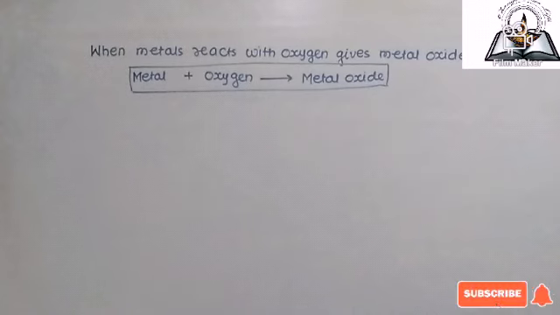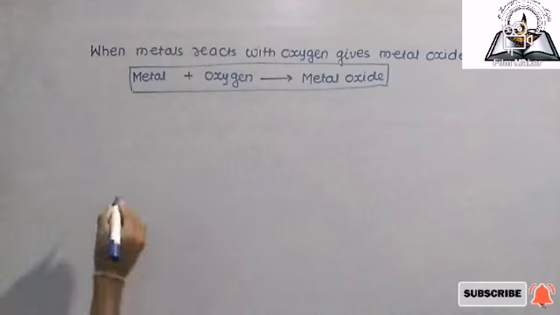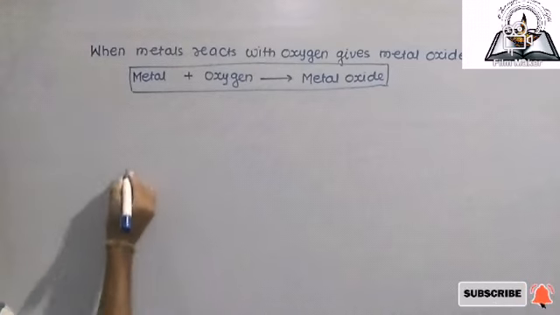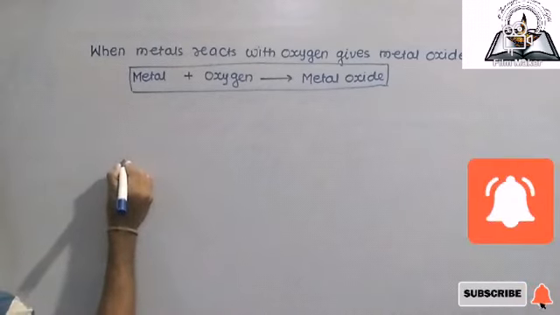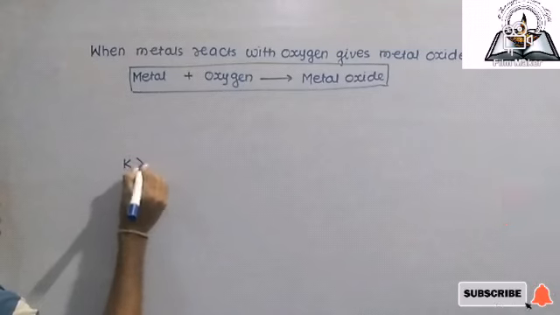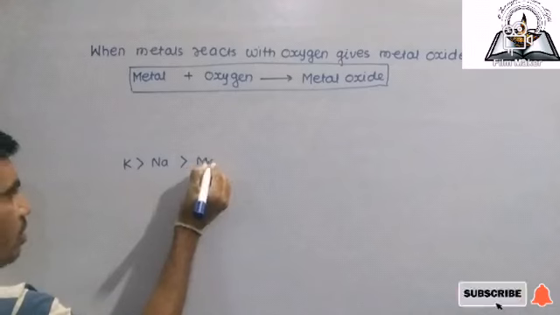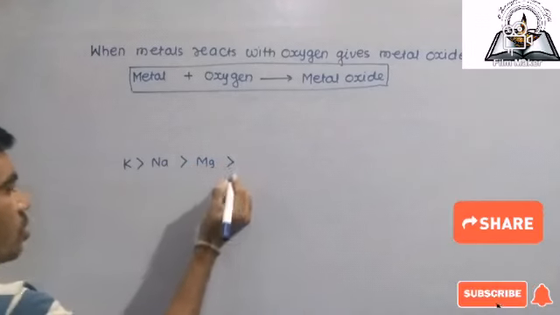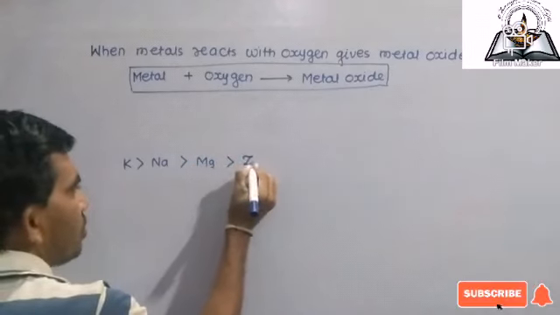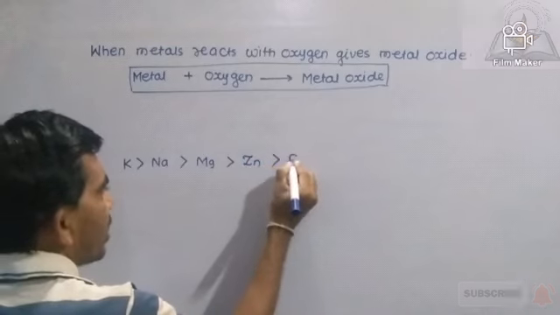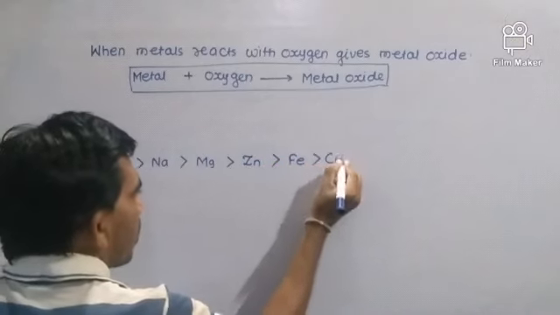उसके बाद में हमें देखना है reactivity order. So from the reactions we conclude that sodium and potassium are highly reactive as compared to magnesium, zinc, iron, and copper.